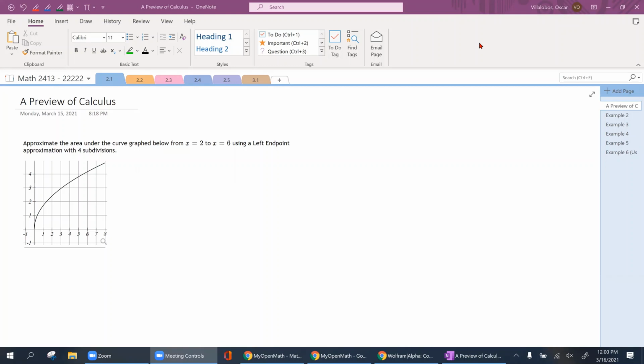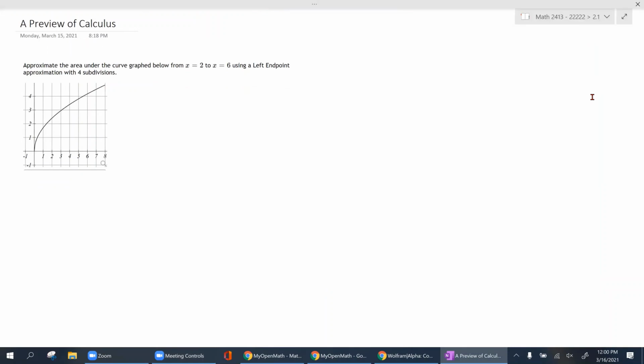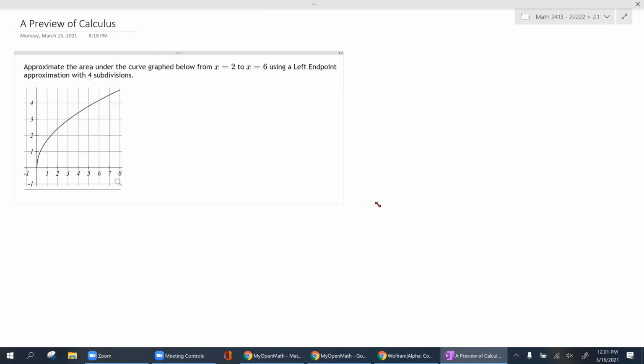So let's go ahead and get it started with example number 1. For question number 1, they want you to approximate the area under the curve below, from x equals 2 through x equals 6 using left endpoints and 4 subdivisions.